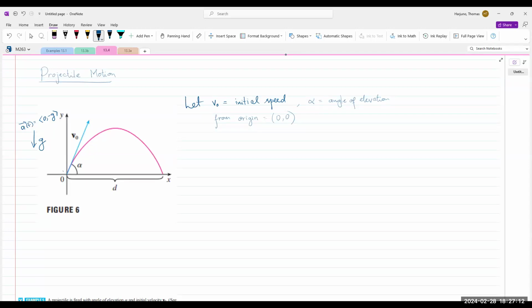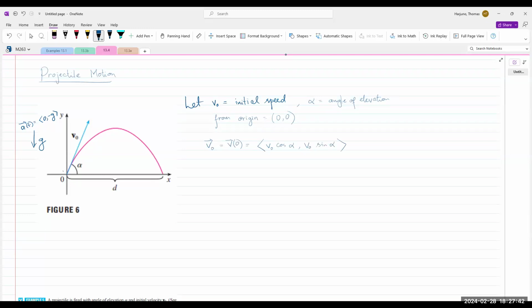So our initial velocity, notice I use vector notation there, which we can say is v0 vector, the velocity vector at time 0, is actually equal to initial speed times cosine alpha, initial speed times sine alpha.